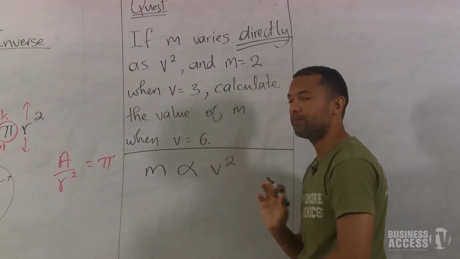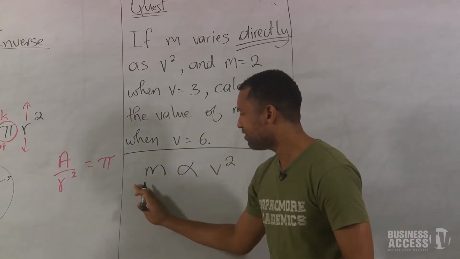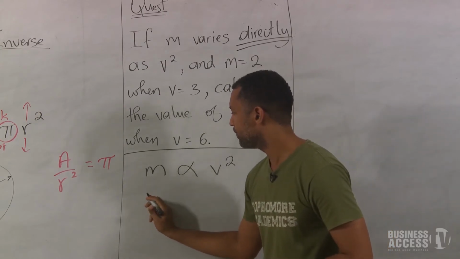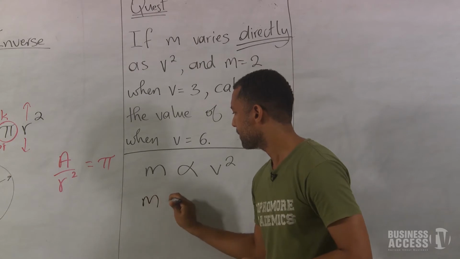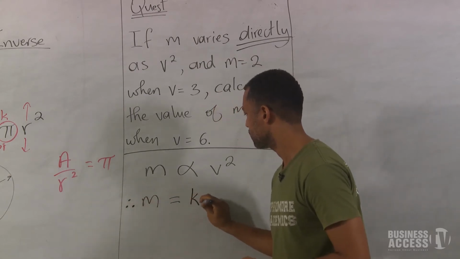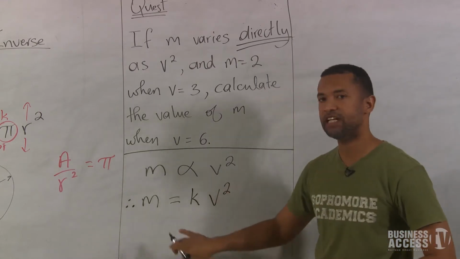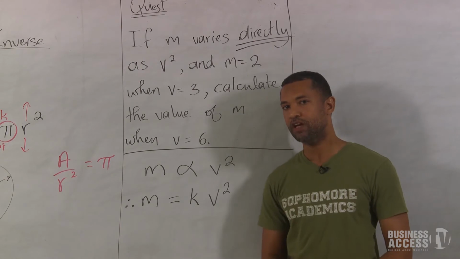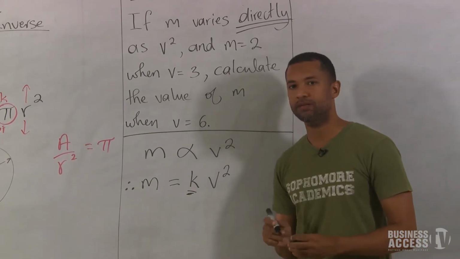So anyways, let's move from here. After writing this sentence, this is what you do. Ladies and gents, that is reading m is equal to k times v squared. What does this k mean?